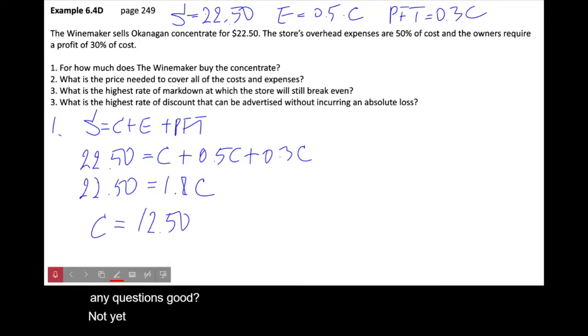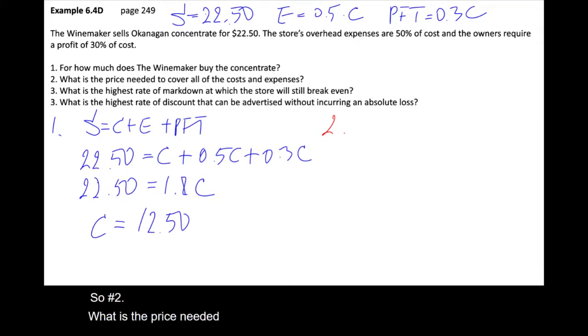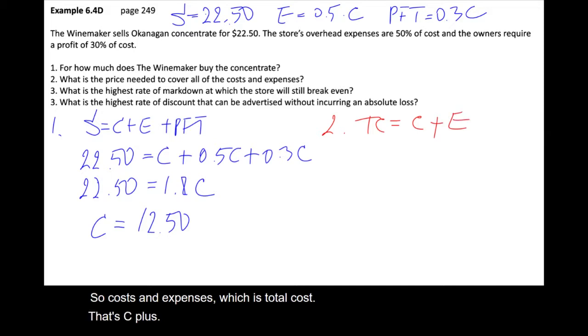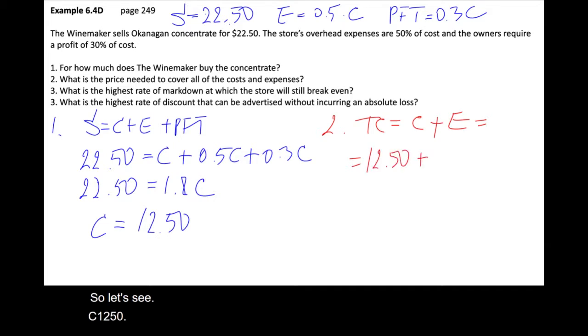Not yet. Okay. So number 2. What is the price needed to cover all the costs and expenses? So costs and expenses, which is total cost, that's C plus E. So let's see. C 1250 plus E is 0.5 times 1250.